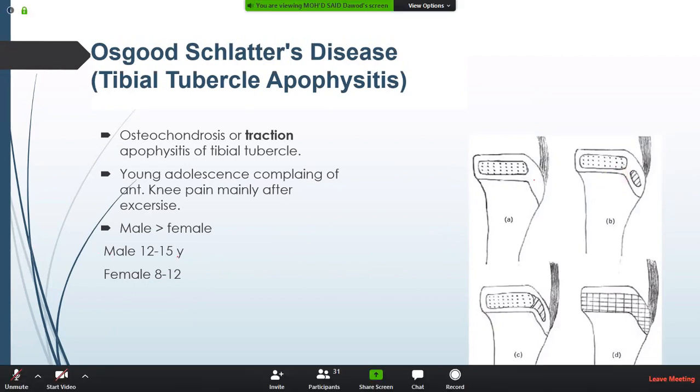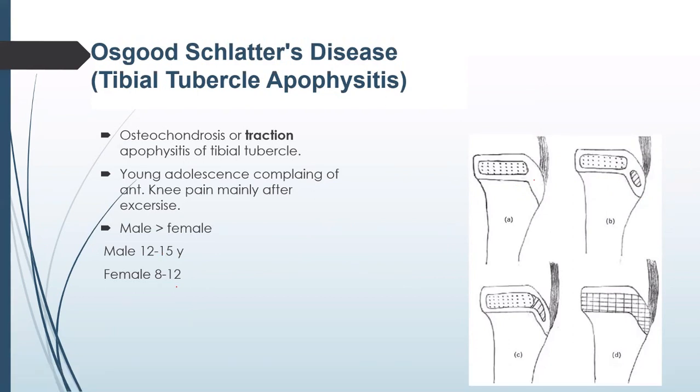Usually in males, it happens between 12 and 15 years, and in females from 8 to 12 years. Due to the pull of the patellar tendon and the strong quadriceps muscles, you will have traction on this apophysis. We call it traction apophysitis or osteochondrosis at the tibial tubercle. Afterward, we will cause some kind of minimal fracture at the site of the tibial tubercle.